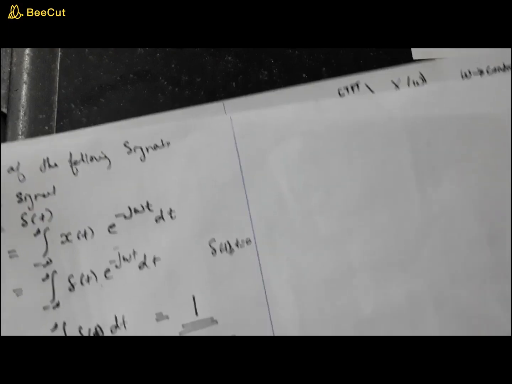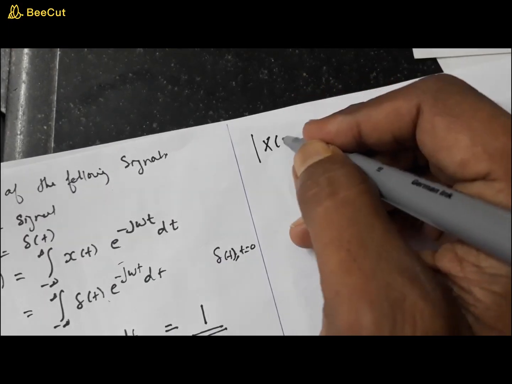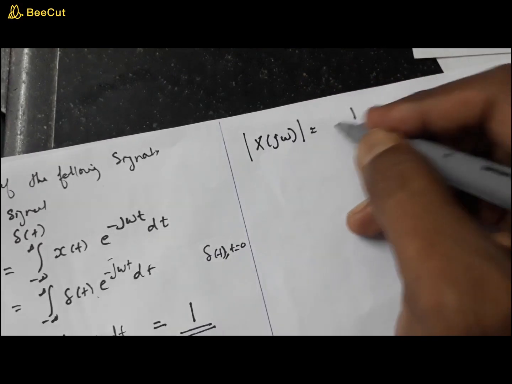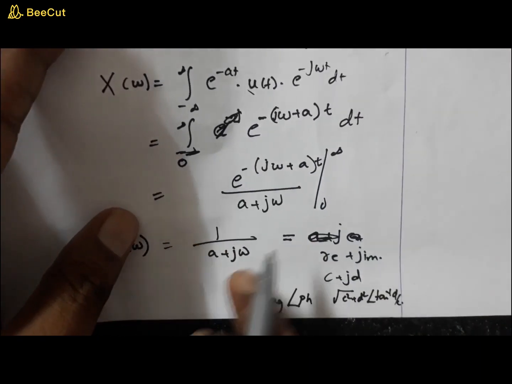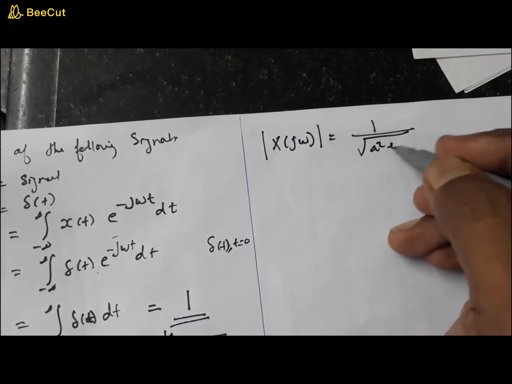Similarly, the magnitude of X of j omega is given by 1 divided by, what is the magnitude of this? This is a plus j omega, so the magnitude will be root of a square plus omega square.